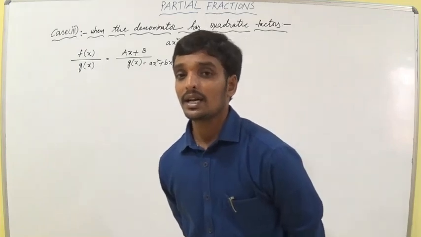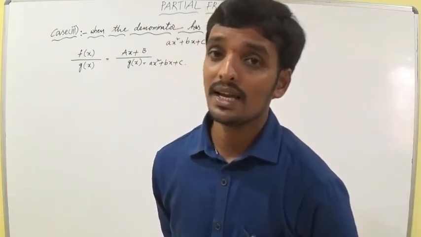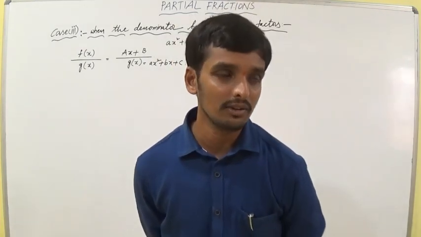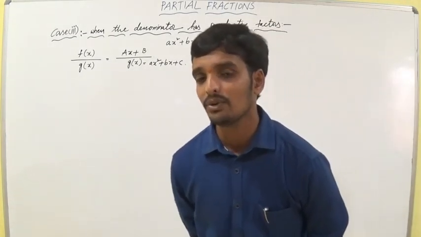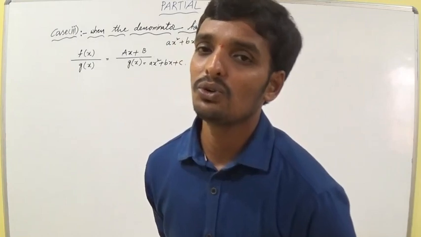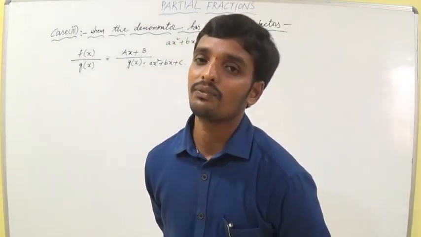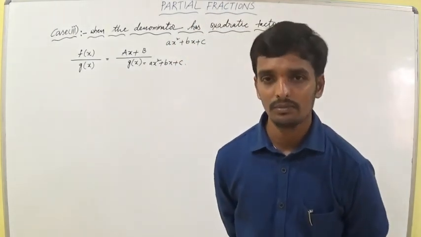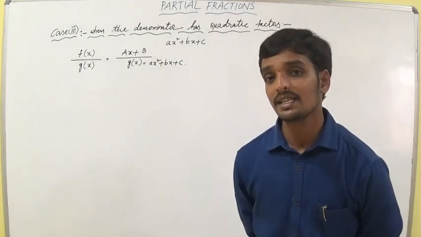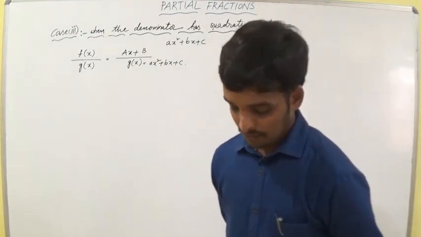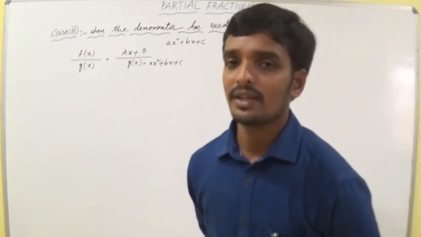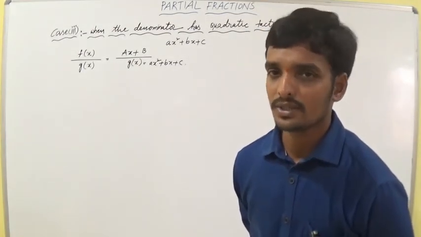If delta is less than 0. Less than 0 means it is a negative value. We write that there are no real roots of the given equation. Delta is the discriminant. If the discriminant is less than 0, it has no linear factors, that means it has no real roots.